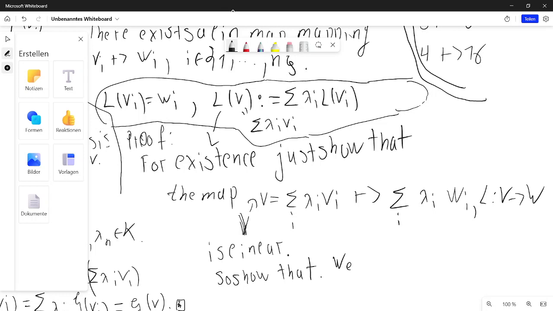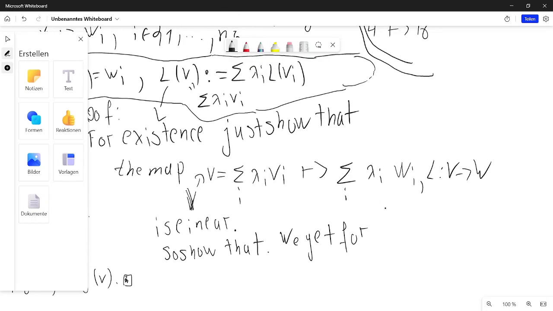we get, for the element v, okay, let's call that v tilde, call that v, and for lambda an element of K, what we have to show, well, that is our definition of L. We just apply the definition.